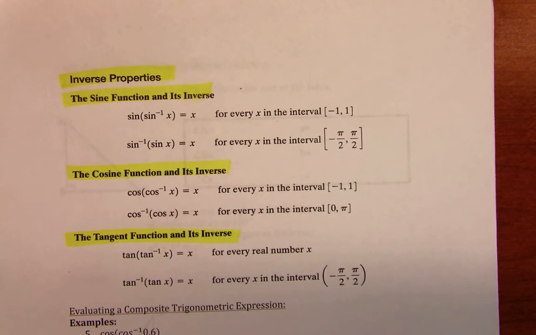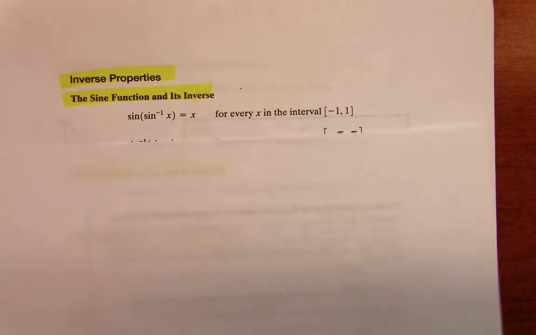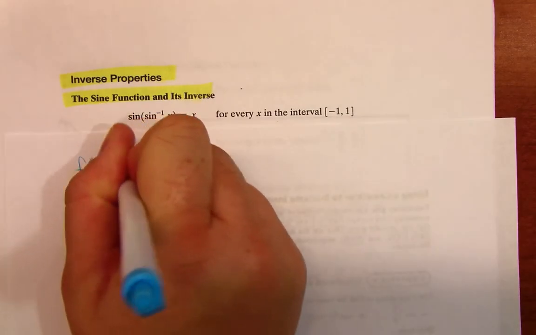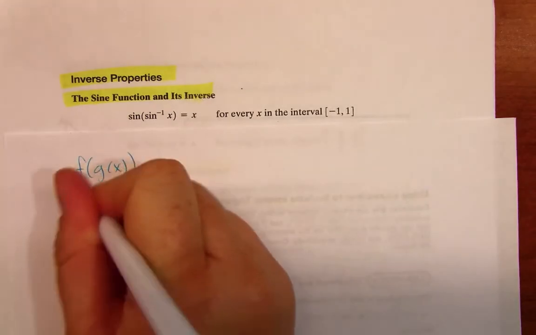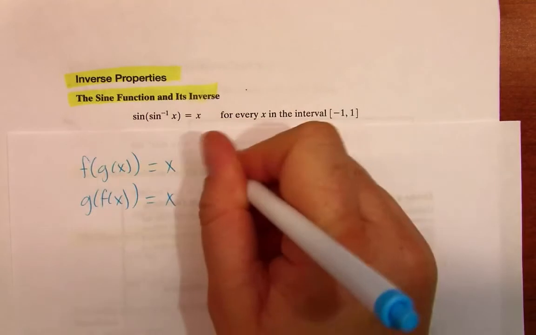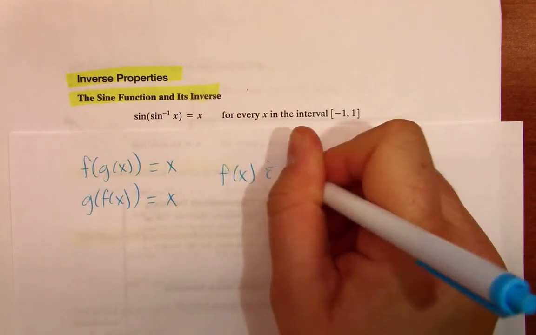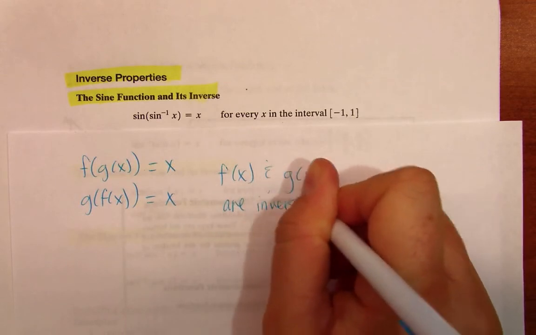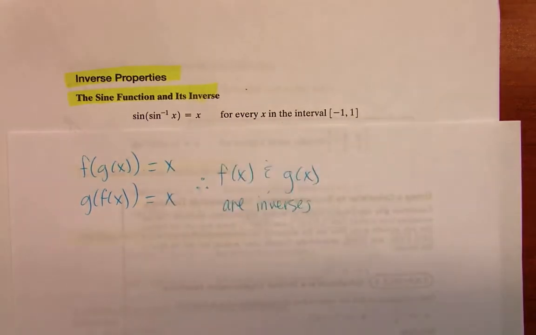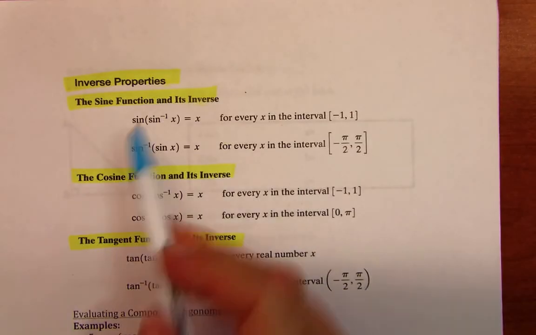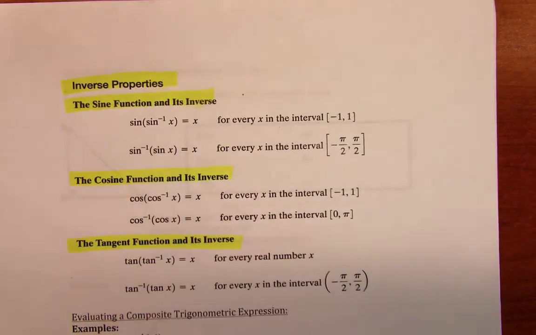Just like in chapter 1 or chapter 2 when we saw how to plug an inverse function into another function, when we had f of g of x and g of f of x, if those both equaled x, then f of x and g of x were inverses. Well, we're going to do the same thing, but with trig functions. These are inverses of one another. Sine is the inverse of inverse sine, and so on.